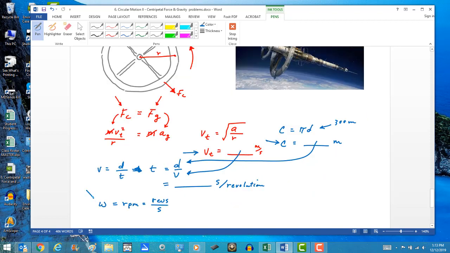Finally, we can express angular speed in revolutions per second. We can also express it in radians per second, but here the question is asking for revolutions per minute, RPM basically. Since we have our answer in seconds, let's calculate revolutions per second first.